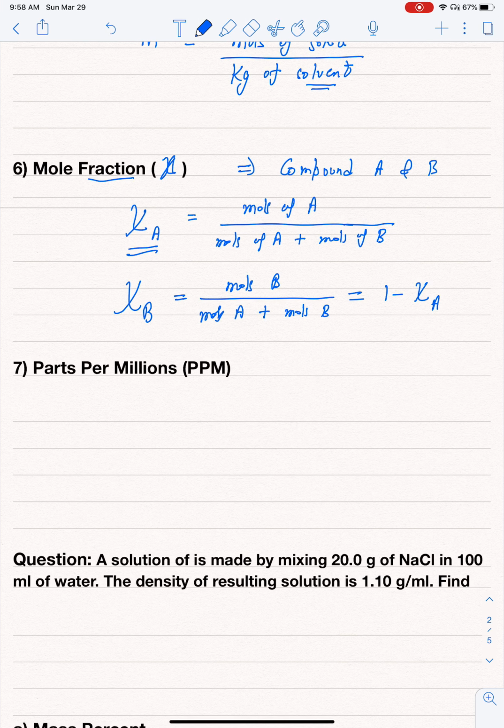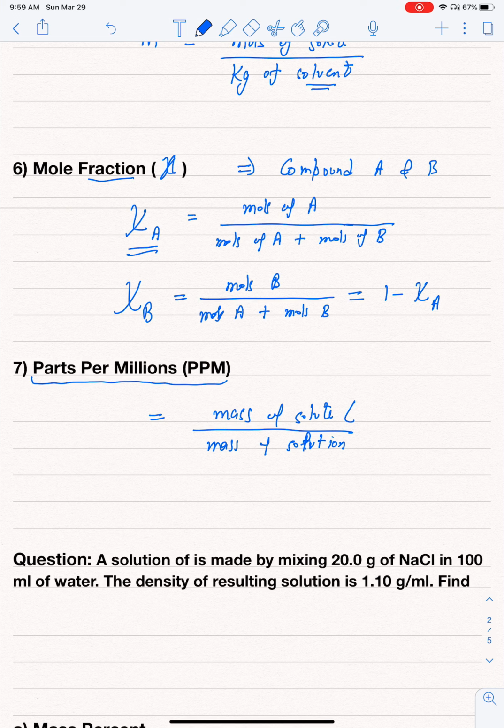Okay, so if you have a very, very small amount of solute present in the solution, then we can use a smaller concentration term, and one of them is called parts per million. The definition of parts per million is the mass of solute divided by the mass of solution, and you want to make sure you keep the units for both of those the same.